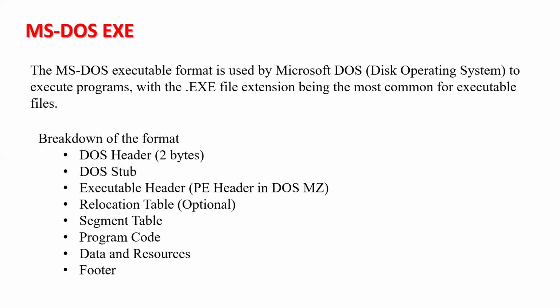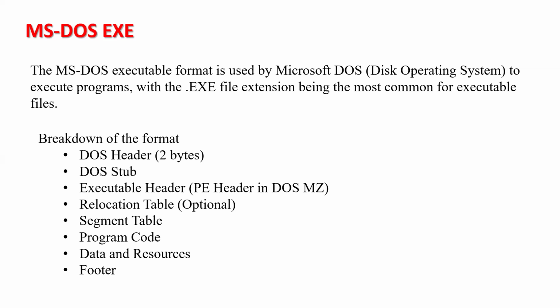This MZ header is followed by a variety of fields that describe how the program will be loaded and executed, which is as follows. DOS stub. After the MZ header, the DOS stub contains code that runs when the file is executed in DOS mode.